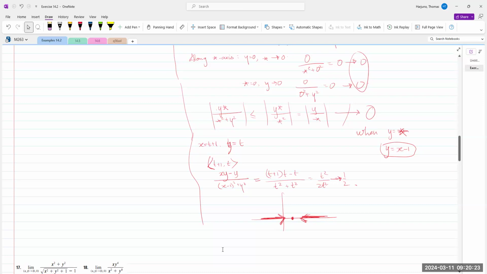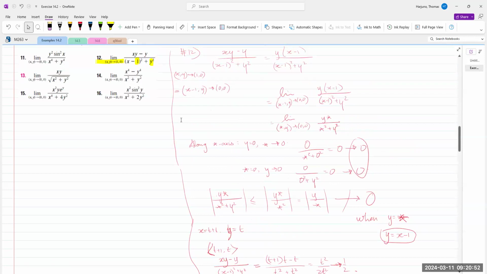But when we go along the y equals x minus 1 path, the limit will be different. In fact, along the x-axis, the limit will be 0. But if I go along the y equals x minus 1 path, the limit will be 1/2. Now we get two different paths, right?